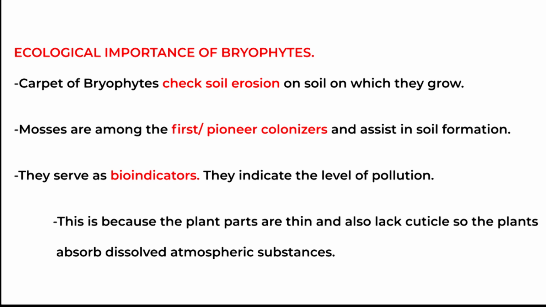Their leaves absorb mineral salts from the air, and so they absorb pollutants from the air. When there are pollutants in the air, they easily absorb them because they are thin. They also lack cuticle, and so they can be used to indicate whether there's pollution in an area.